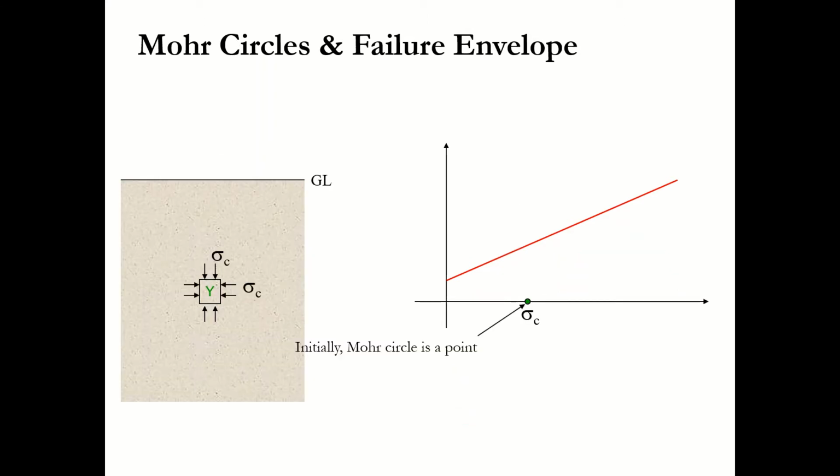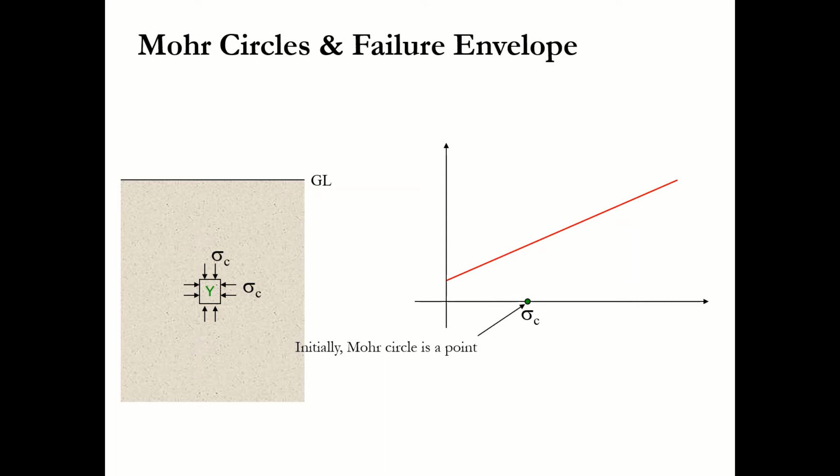Now come to the Mohr circle. At first, before constructing a structure, there are in situ soil stresses, and there will be all-around soil stresses that we can define as confining stresses. So sigma 1 and sigma 3 for that element will be equal, that is sigma c, the confining stress.